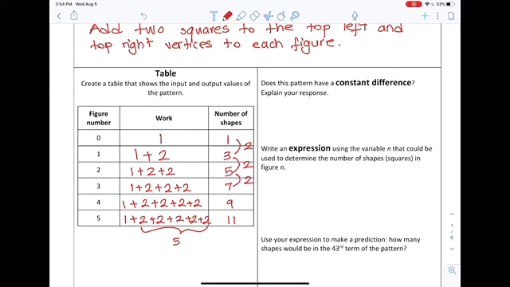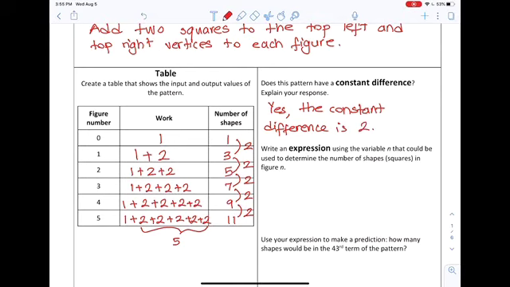The differences are 2, 2, 2. So we have a constant difference because we have 2's all over here. So we will say yes, the constant difference is 2.